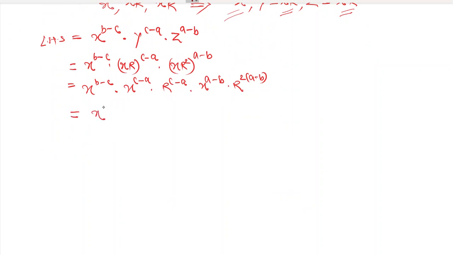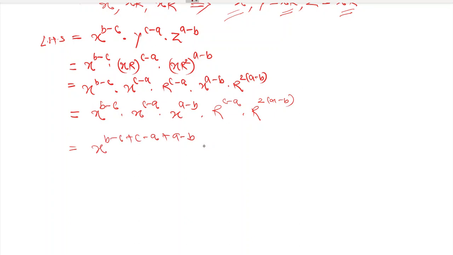Let's keep all the terms with base x together: x raised to b minus c, x raised to c minus a, and x raised to a minus b. Let's keep all the terms with r together: r raised to c minus a into r raised to 2 bracket a minus b. Let's add the powers of the common bases. x raised to b minus c plus c minus a plus a minus b into r raised to c minus a plus 2 bracket a minus b.